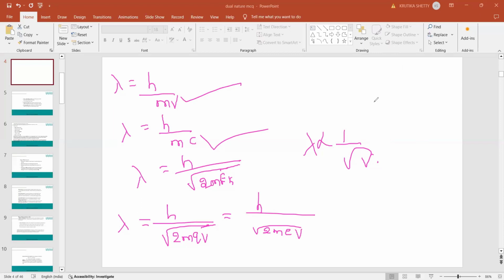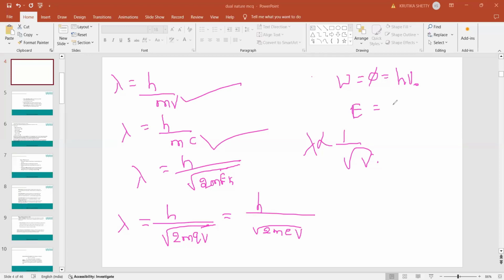Here, copy down all the formulas with respect to the de Broglie wavelength. Other than this, what all formulas have we discussed? First, the work function is given by phi, which is equal to h nu naught. This is for the work function.